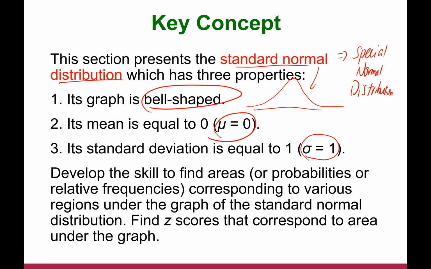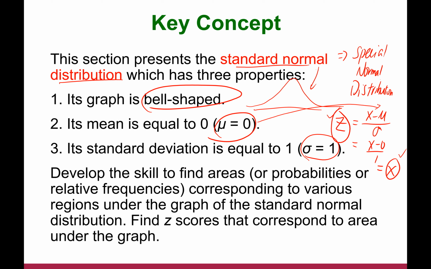So if you're using the z-score formula, x minus mu over sigma, when the mean equals 0, x minus 0, and sigma equals 1, simplify and you get x. So in the standard normal distribution, the z-score is the same as the random variable x.